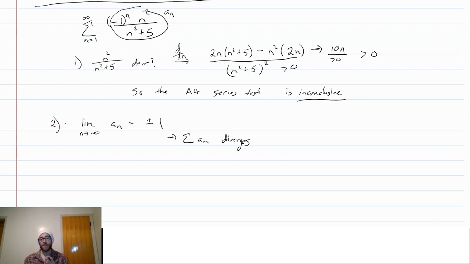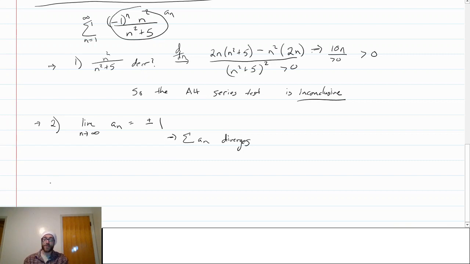If we take the limit and it is not 0, then it's probably going to diverge. So I should have maybe made this step 1 and made the decreasing part step 2, because this step tells us a little bit more about the convergence or divergence.